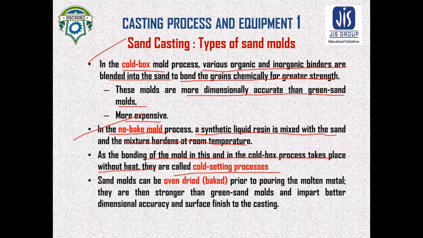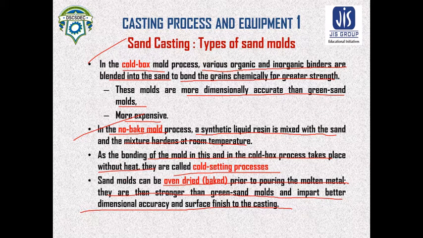Now, sand molds can be oven dried or baked prior to the pouring of the molten metal. They are then stronger than green sand molds and impart better dimensional quality and surface finish to the casting.